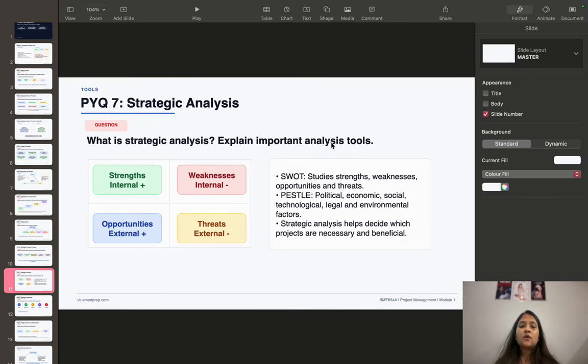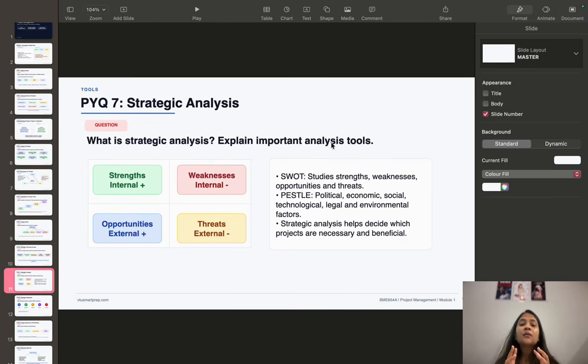S stands for strength, W stands for weakness, O stands for opportunities, and T stands for threats. I repeat again, S stands for strength, W stands for weakness, O stands for opportunities, and T stands for threats.